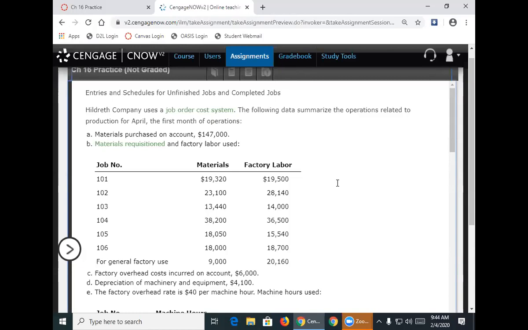And then we do the same with labor, right? Well, we know easily indirect labor is 20,160. I need a new marker. So indirect labor gets charged to factory overhead, 20,160. How much direct labor do we have?